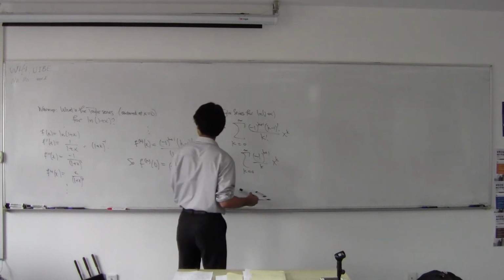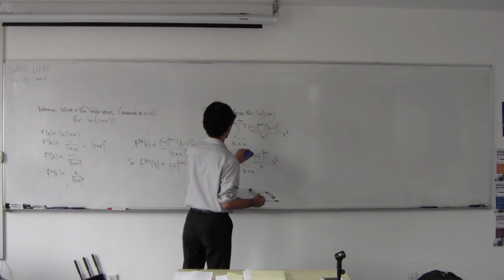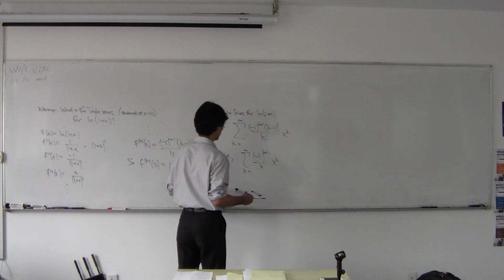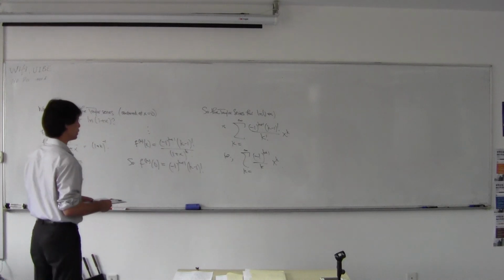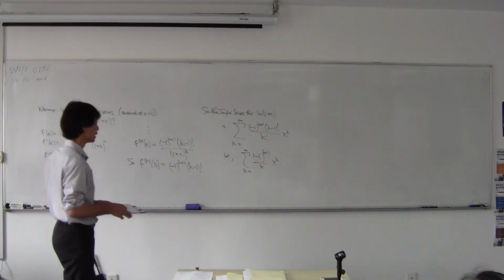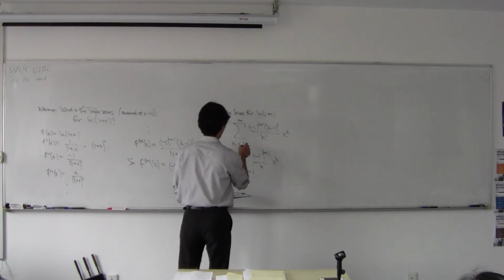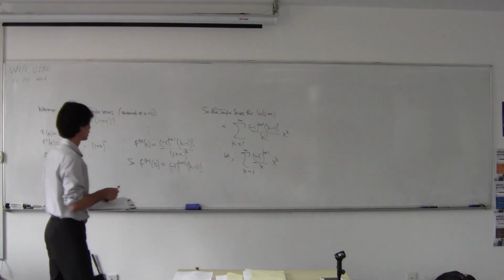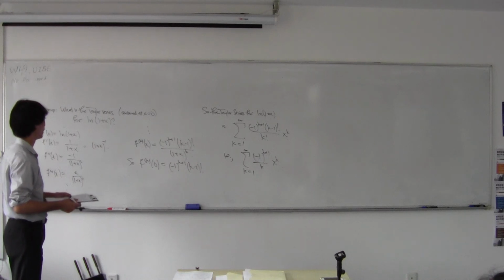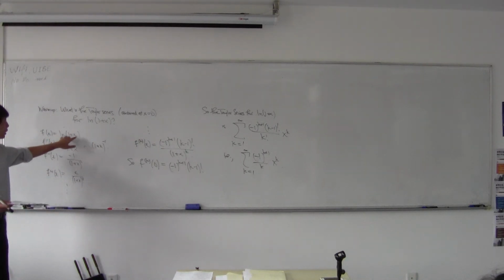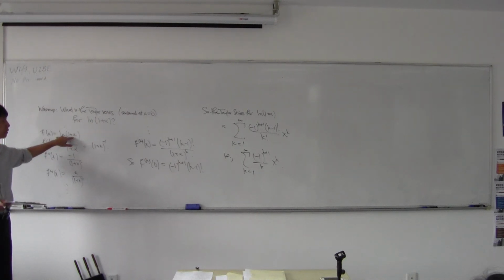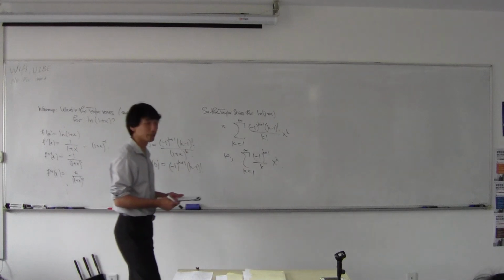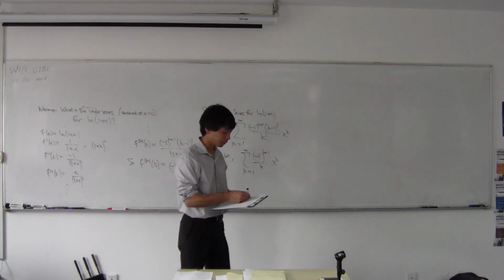Sorry, it should be from 1. But then when x is 0, we get 0. Yeah, that's right. Sorry. Yeah, because the 0th term, the coefficient on the 0th term is 0. Right. Yeah, sorry. Thank you.